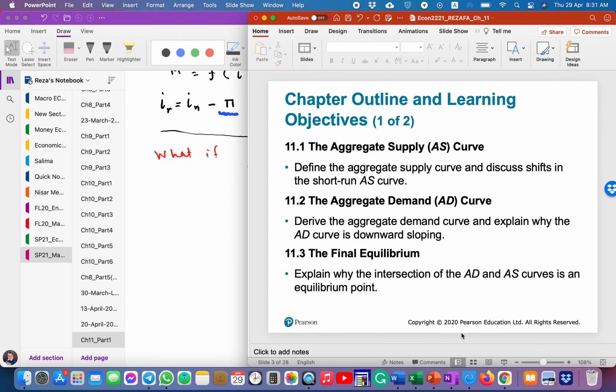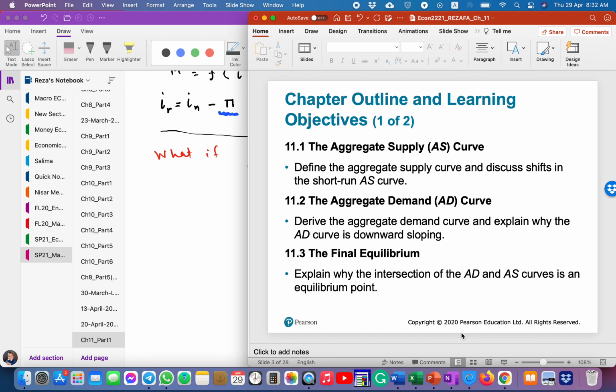The learning objective of this chapter then: it was better to start from the aggregate demand, but that's no problem. It depends on each textbook how they structure their narration. For aggregate supply, we first define the aggregate supply and discuss, if only the price changes and everything else remains the same, how it's going to shape.